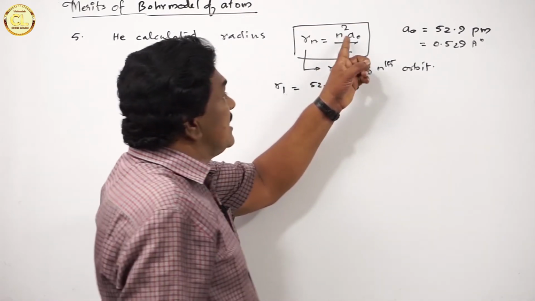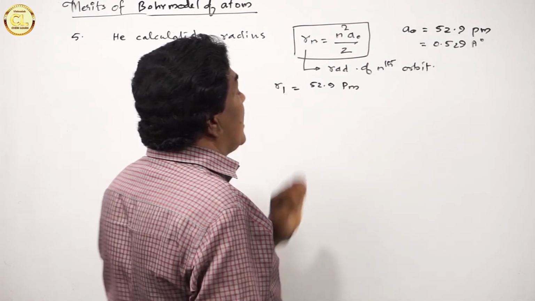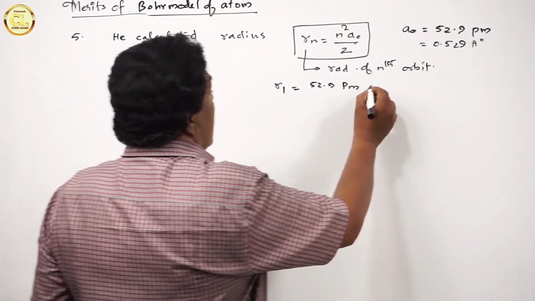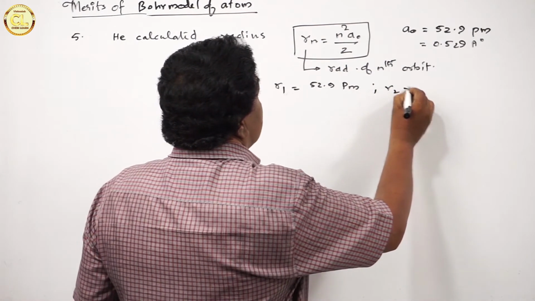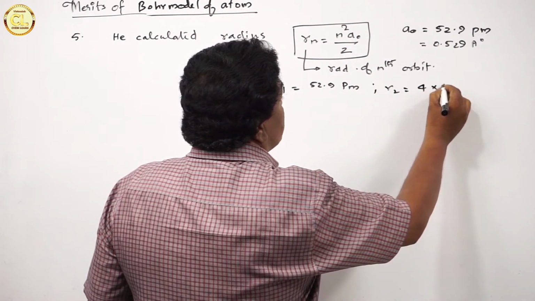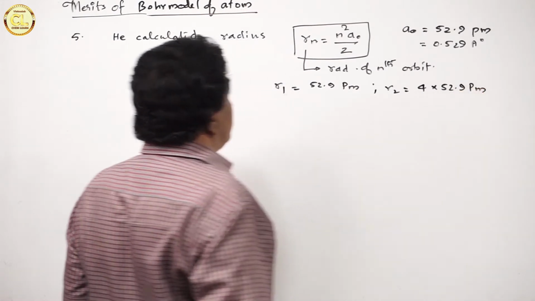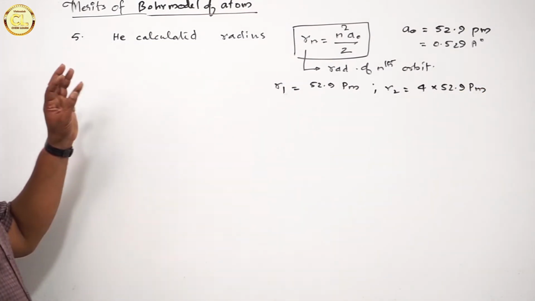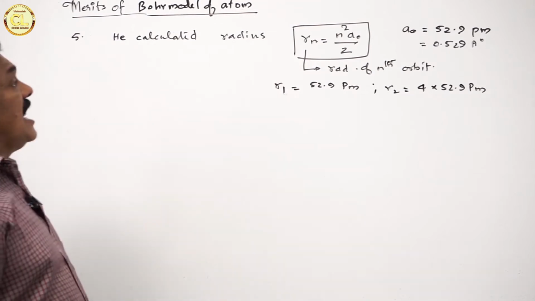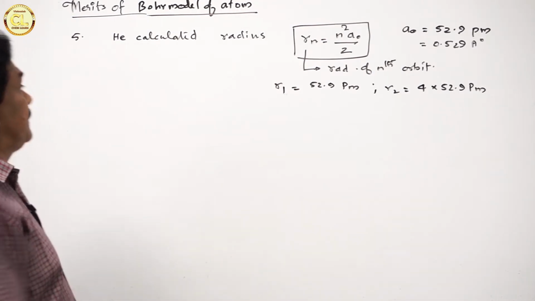Why? Because A0 is 52.9, N is 1, Z is 1. For hydrogen, Z is 1. And R2 is expressed as, N is equal to 2, so 4 into 52.9 picometer and so on. So, Bohr theory could calculate the radius of the orbit of nth level.